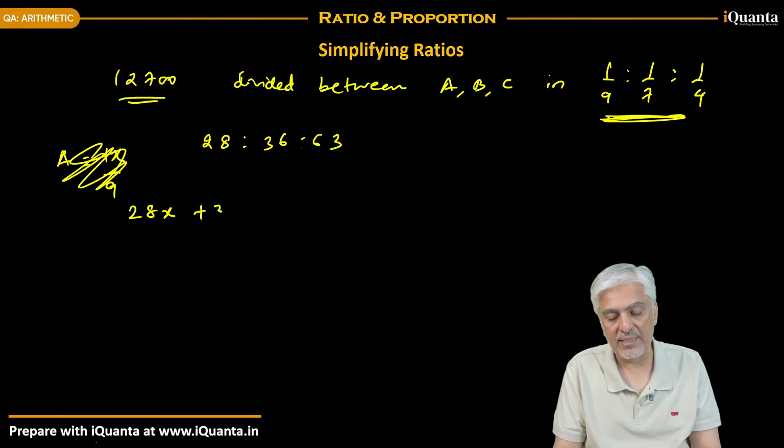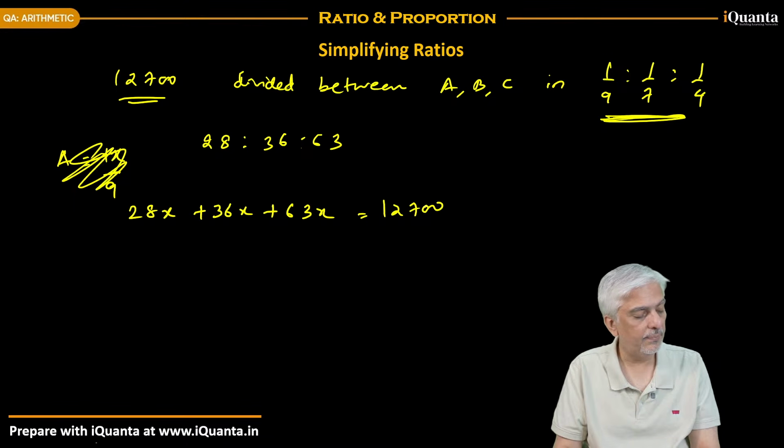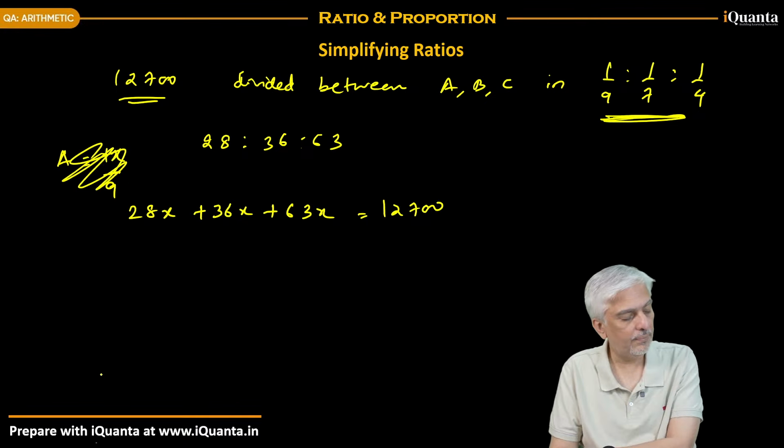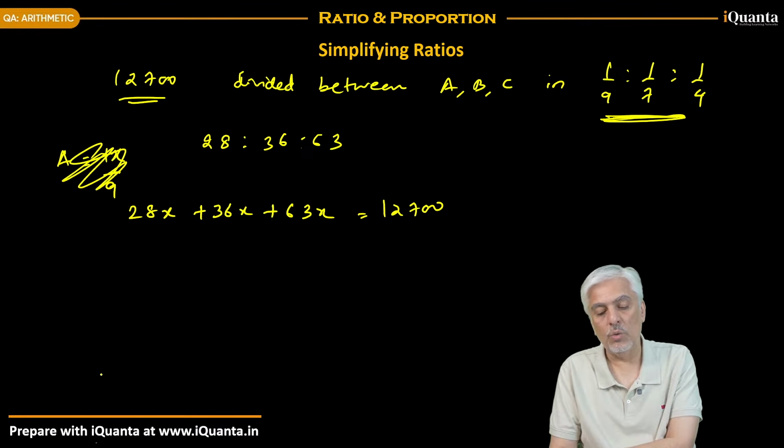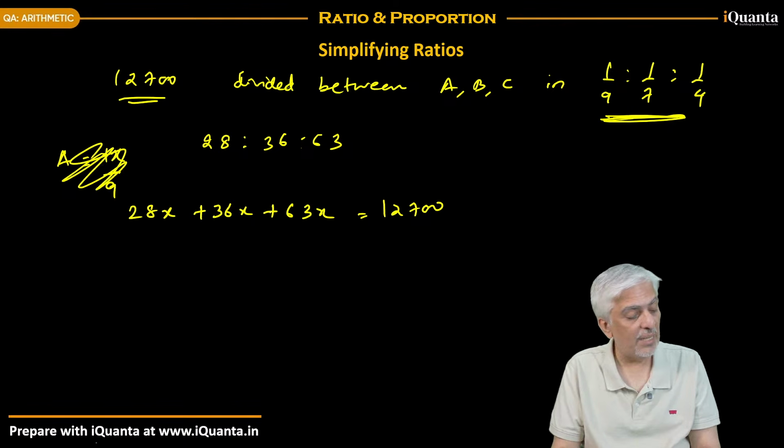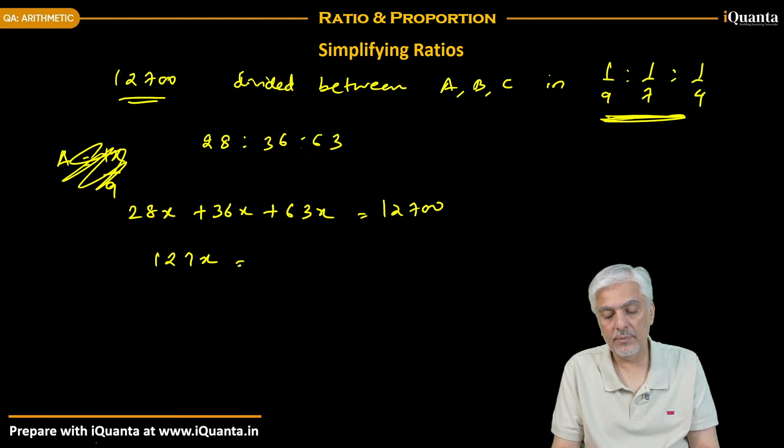And then I'll do the normal method. 28x plus 36x plus 63x is 12700. So what will we get? This you add up is 127x. It will be 12700. x will be 100.